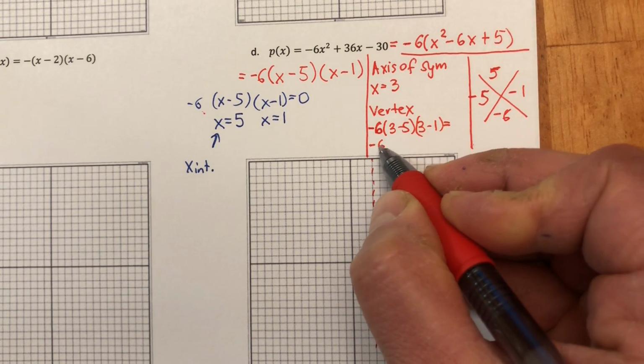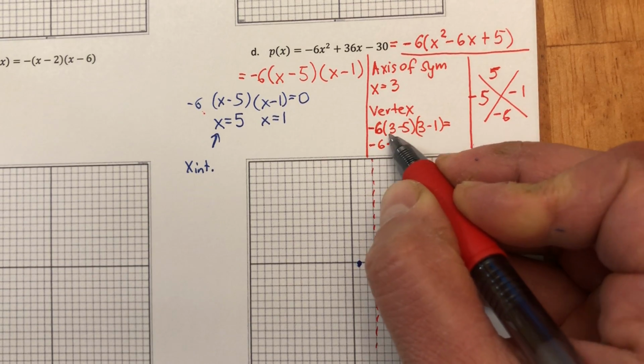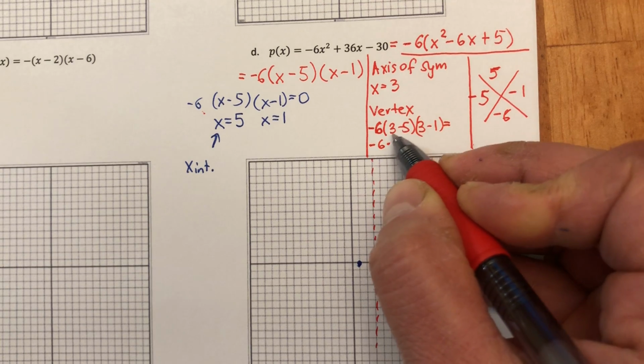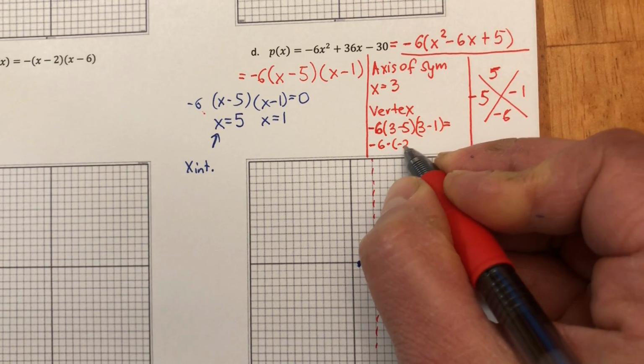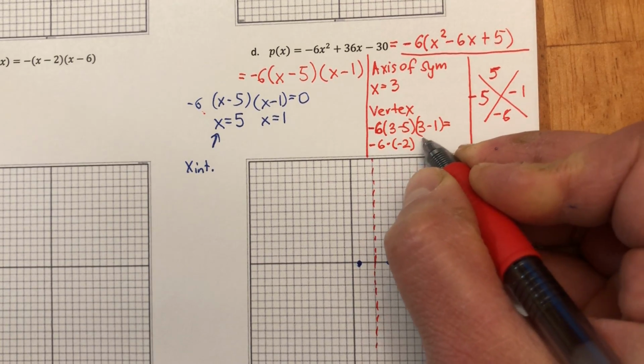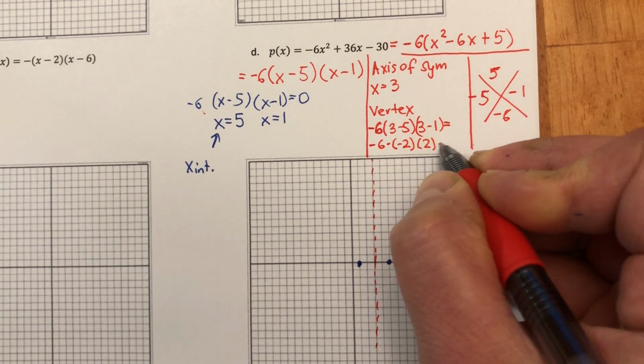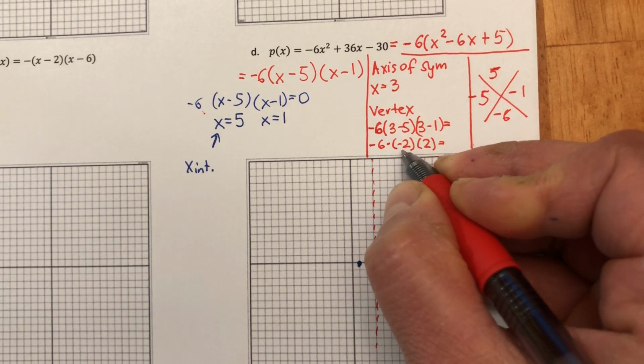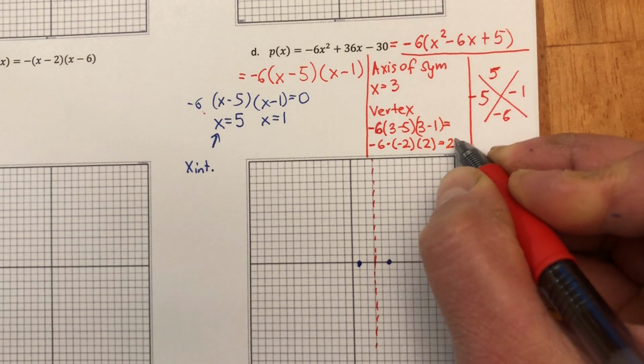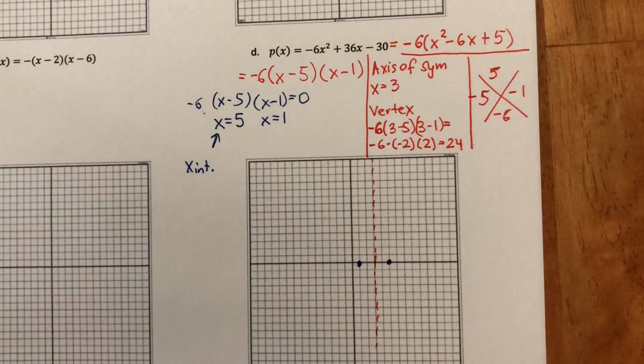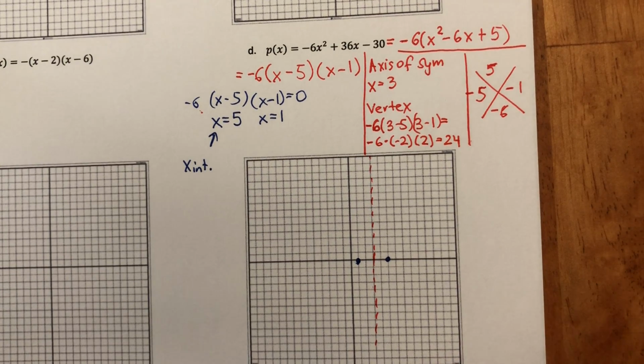That is -6 times -2, and 3 minus 1 is 2. That is going to give me 12, 24. And it is going to be positive 24.